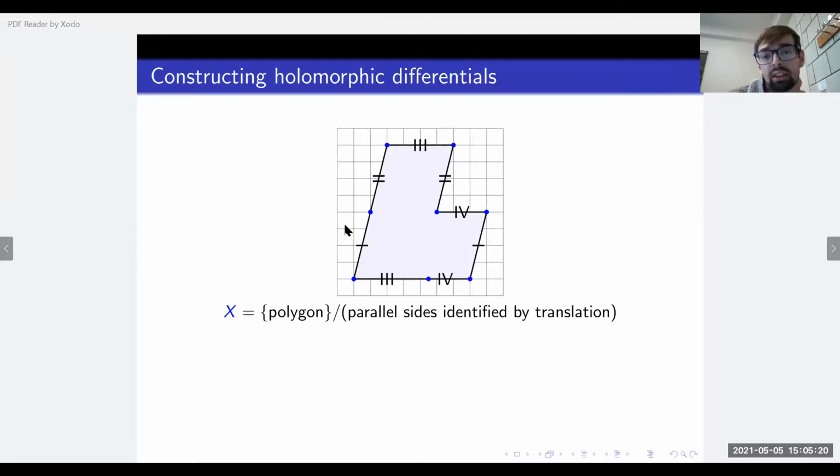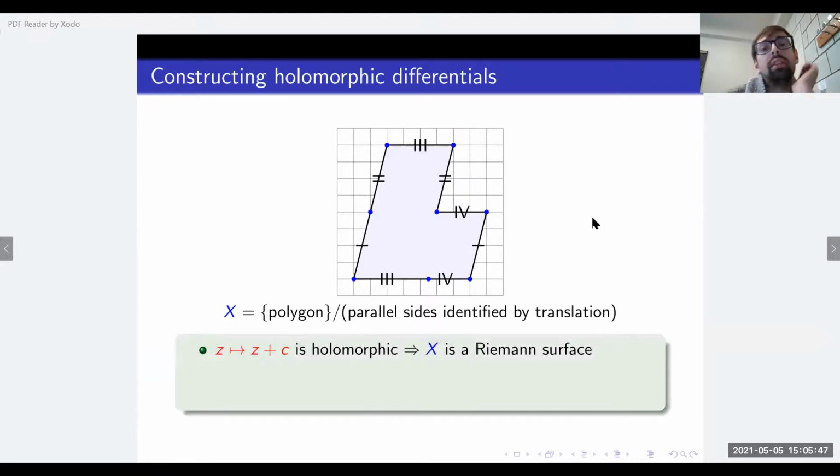In this picture, I've marked the sides that are going to be identified by the same Roman numeral. So you have the 1 and the 1 that are supposed to be identified along a translation. And X is just the quotient space that you obtain from this procedure, where you identify the sides.